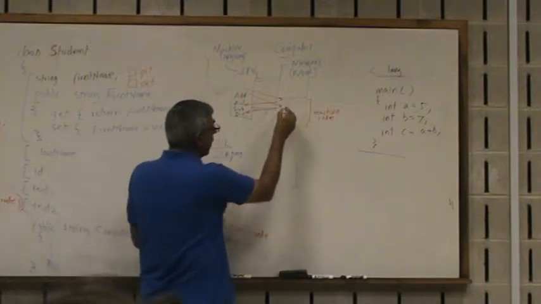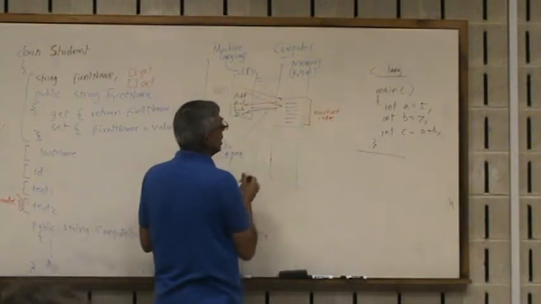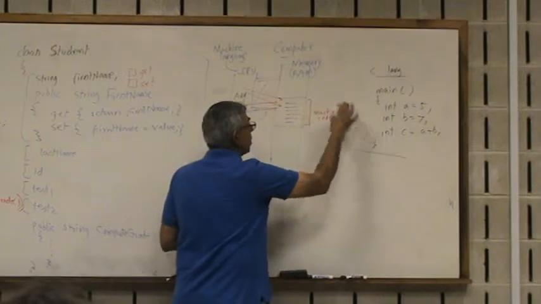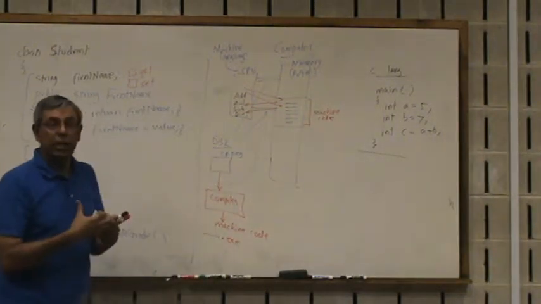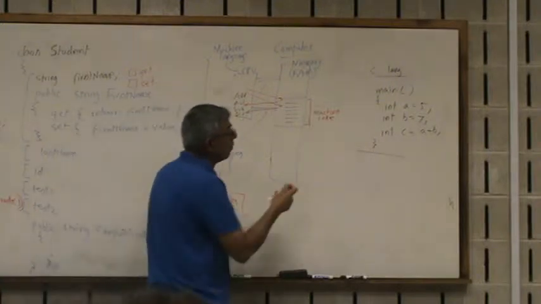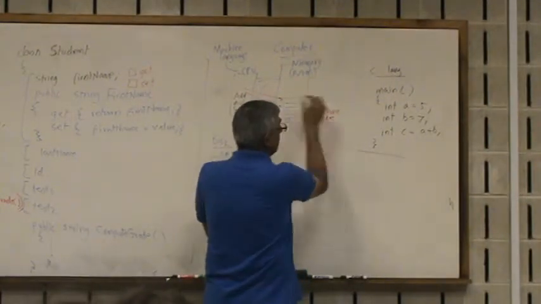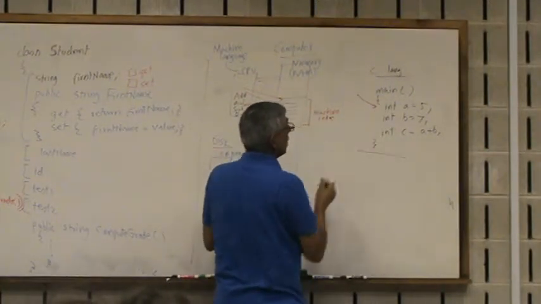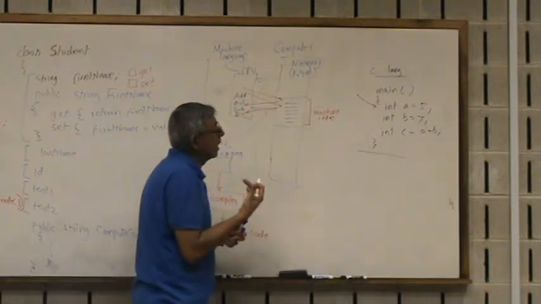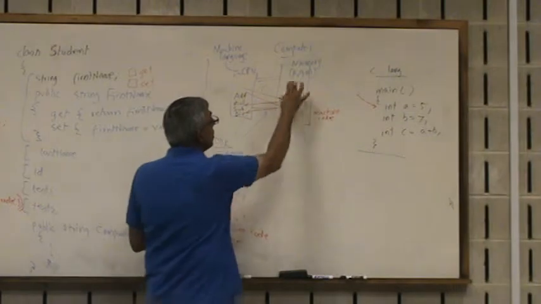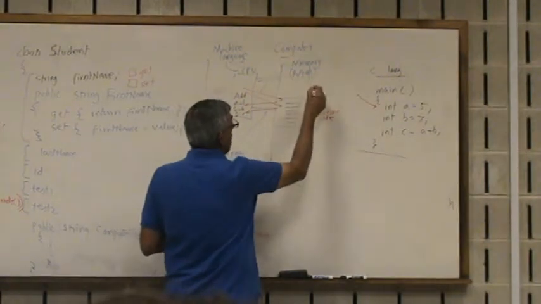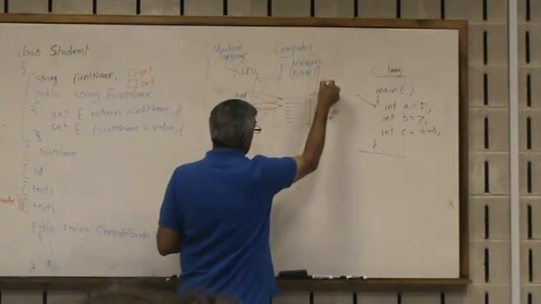Anyway, whatever that translation was, once this program is converted into machine code, take a look over here at what will happen as the CPU tries to execute it. It has to declare some memory to store a. In this memory, we have 2 special areas.